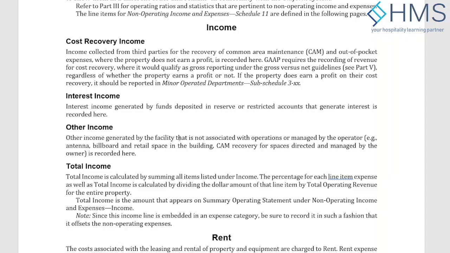For example, interest income on deposits or money lying in your bank accounts, or any other income like sale of assets, or renting out any part of the property, like billboards or retail space in the building, which is not managed by the hotel operations or the operator. So the income will be credited to this line item, other income, which is non-operating income of the hotel.